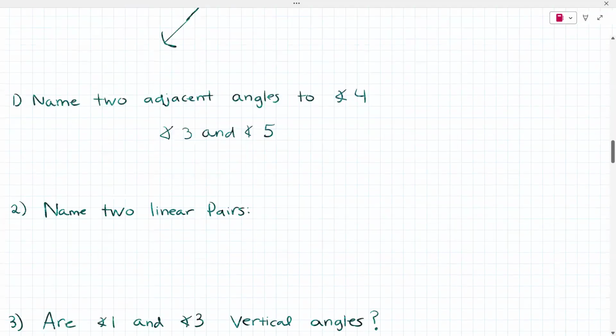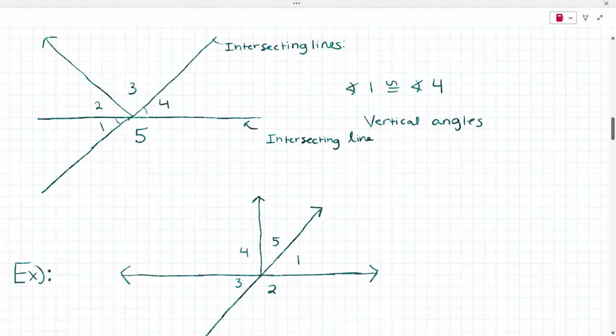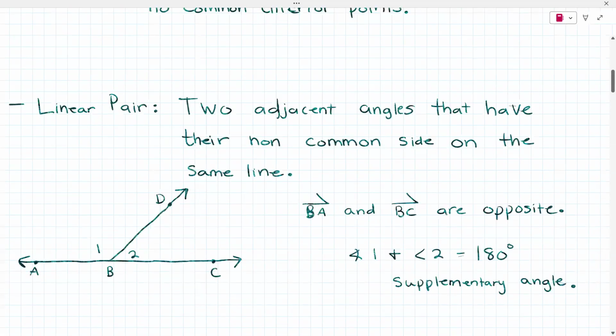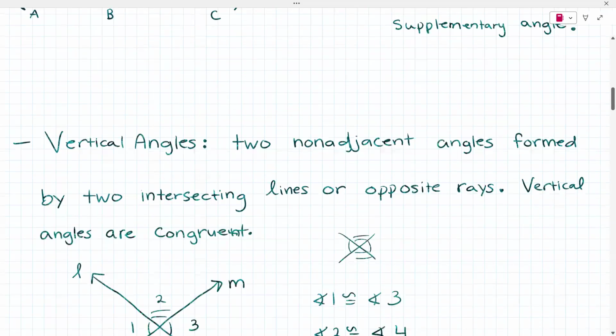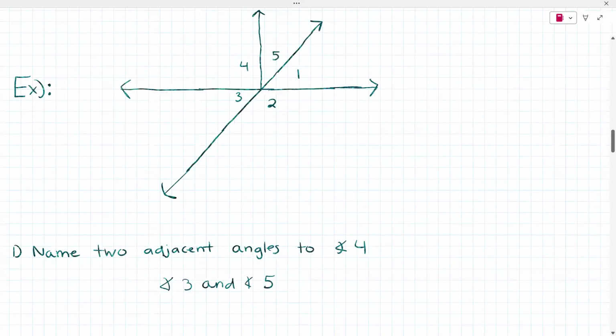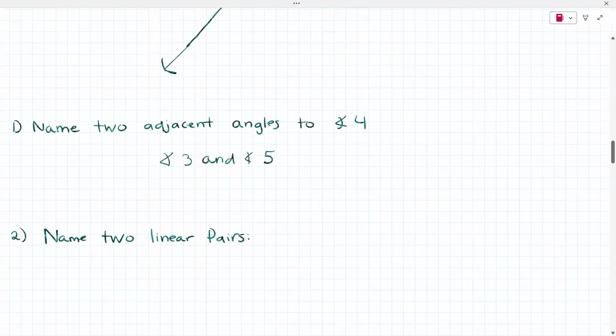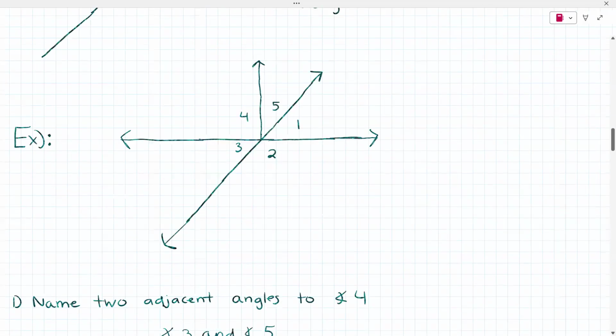Number 2, name two linear pairs. Linear pairs add up to 180. They are two adjacent angles that have their non-common sides on the same line, and they add up to 180 and are not necessarily congruent. If you look at our image, just look for a straight line.